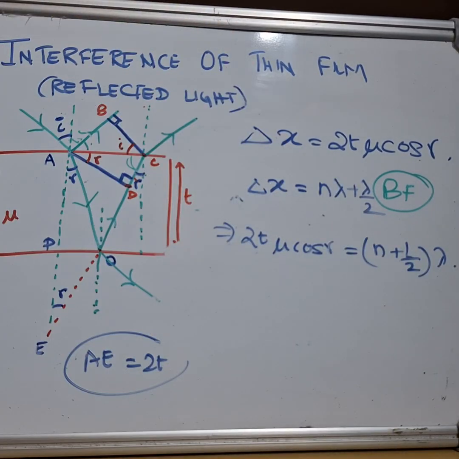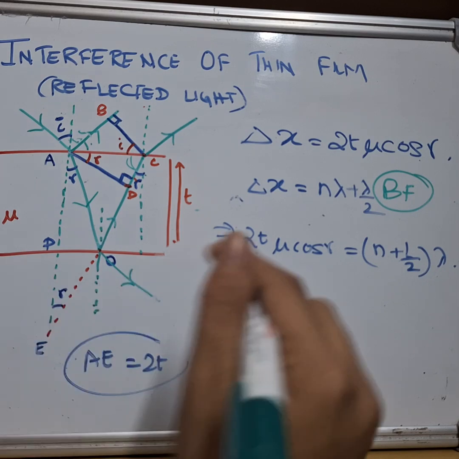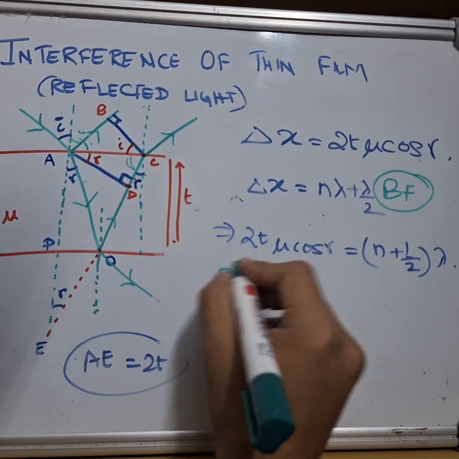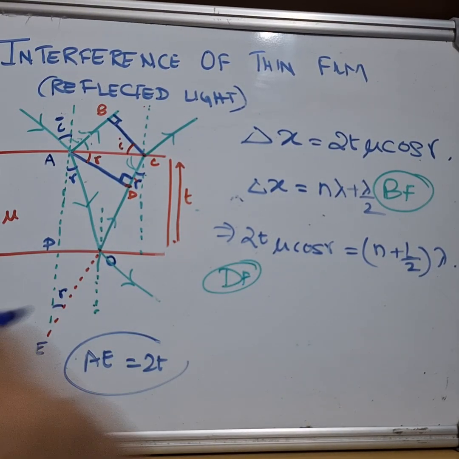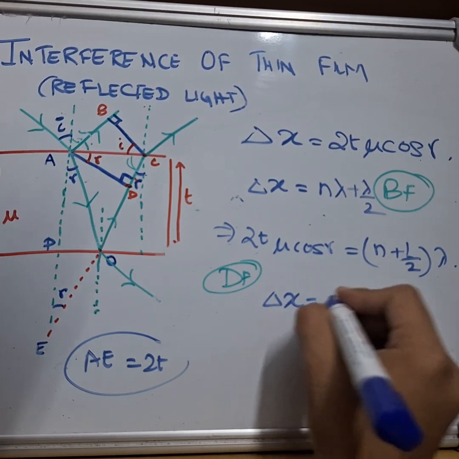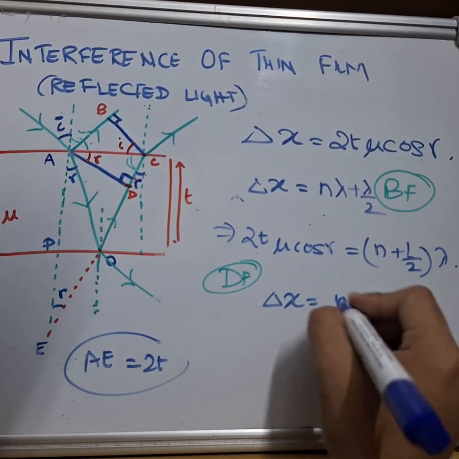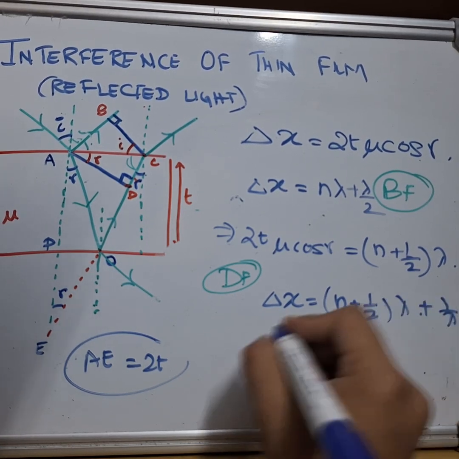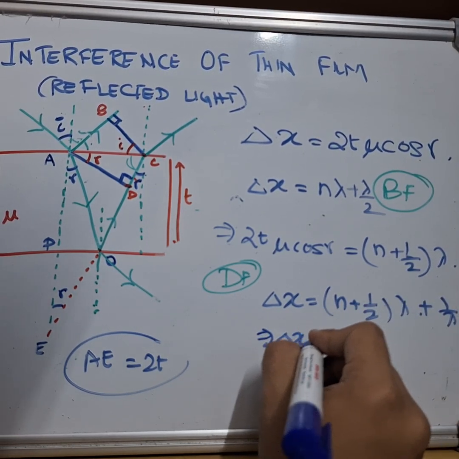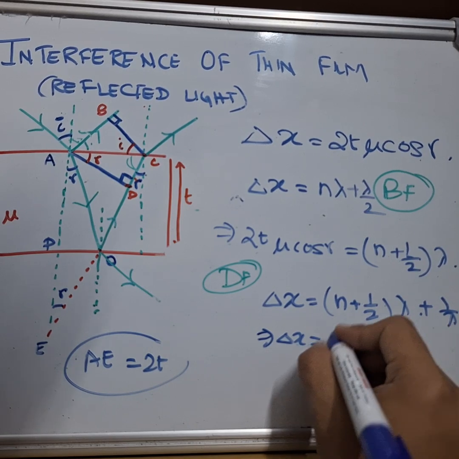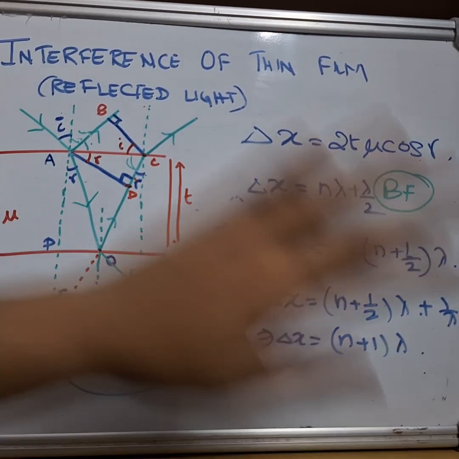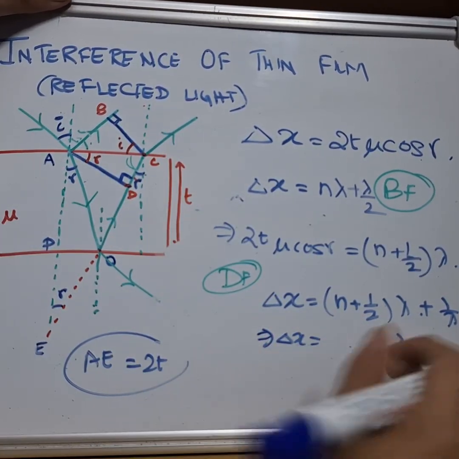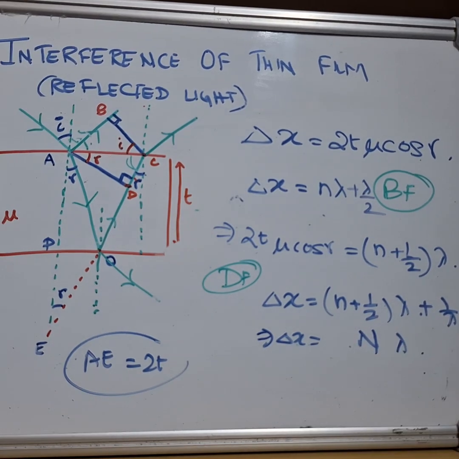Similarly, in case of dark fringe, we know that del x equals n plus half into lambda, right? If you add half lambda here, you will see that del x equals n plus 1 lambda. We can also write this as some other constant, n lambda, let's say.